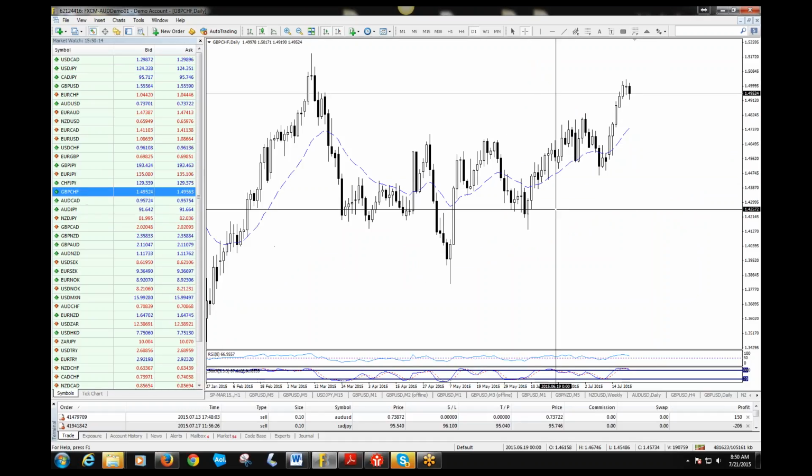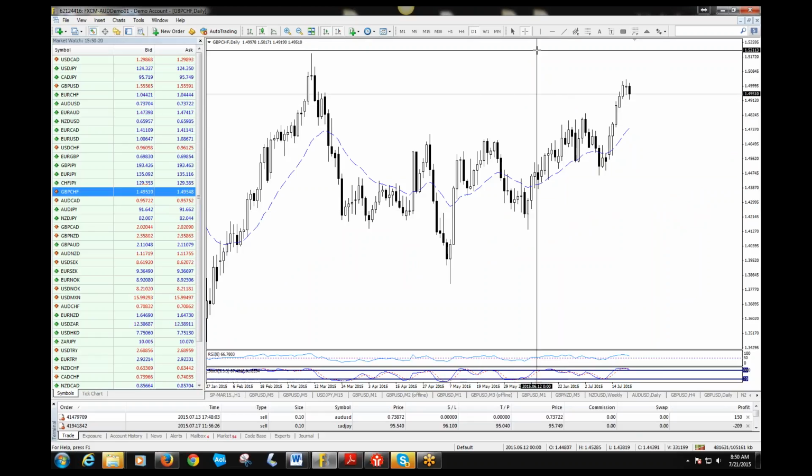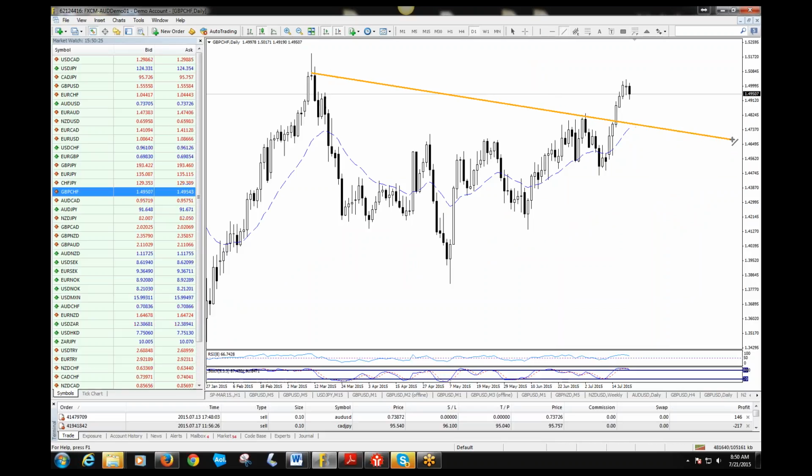Okay, Pound Chef. We had a wedge long, and it was the same setup. The two dominant highs. It's the exact same number of days. Isn't that funny? And there was our Pound Chef breakout there. Now we didn't get the retest on the next candle.